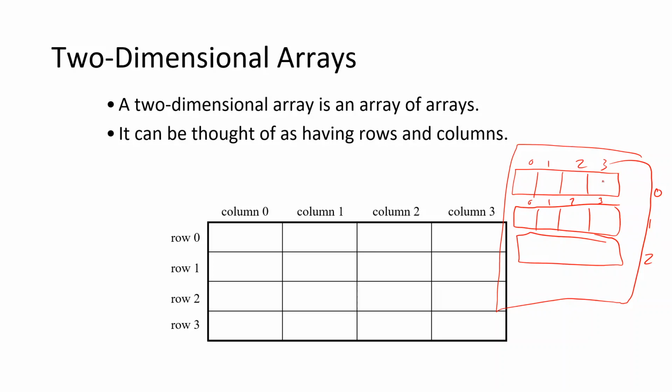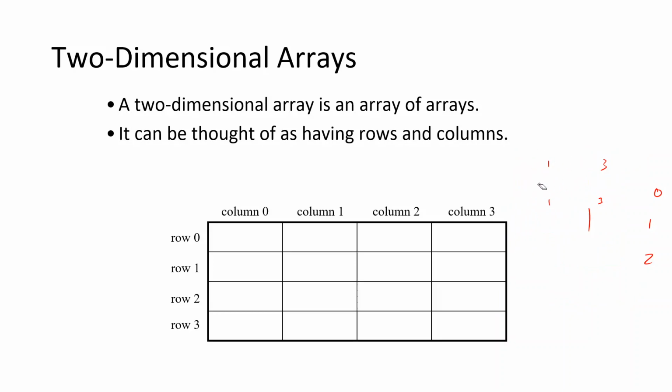So this means you can think of a two-dimensional array as an array of arrays. And this way of thinking about arrays is going to be very helpful for us to understand certain concepts we will cover later on.